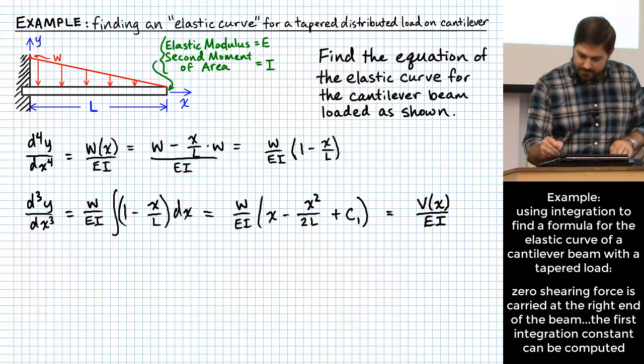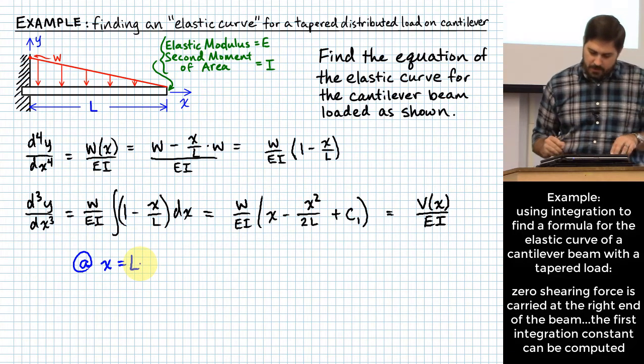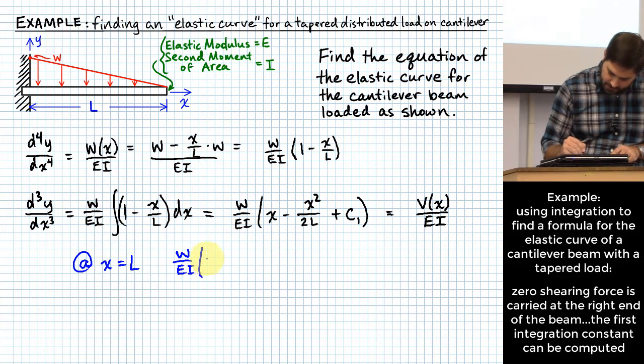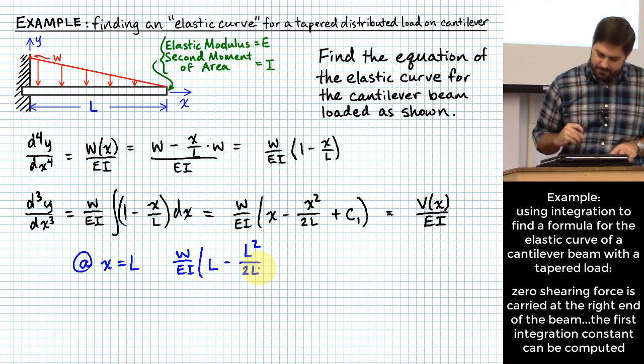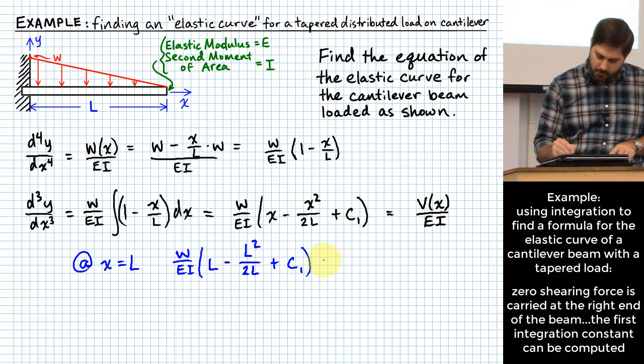0. Okay, so I'll say down here, at x equal L, what I'm going to have here is W over EI times L minus L squared over 2L, plus C1 equals 0.